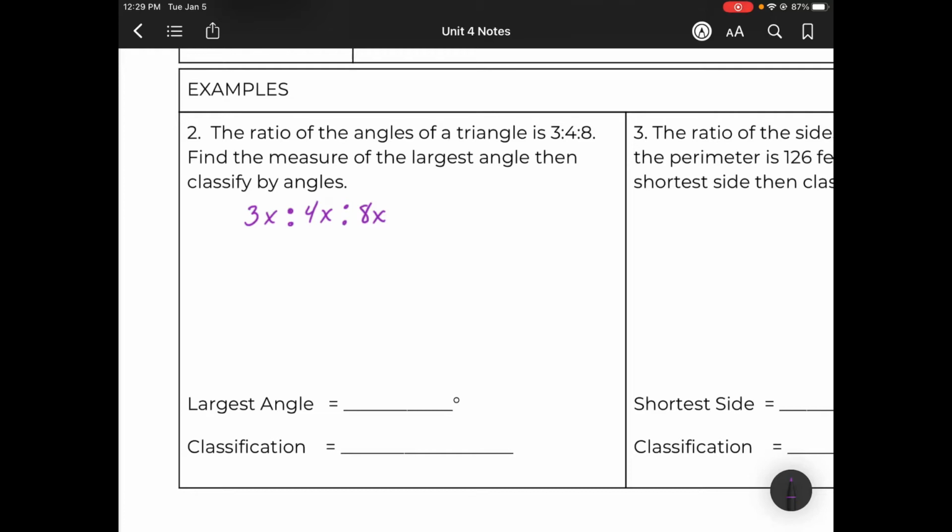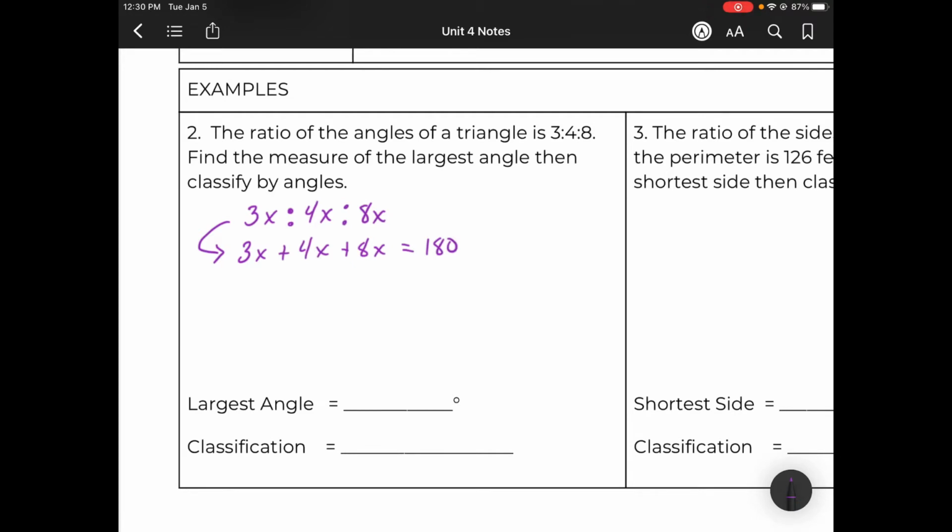And if you understand that the ratio really could be 3x, 4x to 8x, then you can understand a little bit more about these angle measures in a triangle. Now you need to remember that all 3 angles of a triangle must add up to 180 degrees. That allows me to write this equation, 3x plus 4x plus 8x equals 180 degrees.